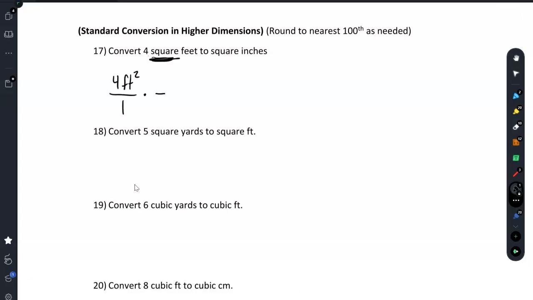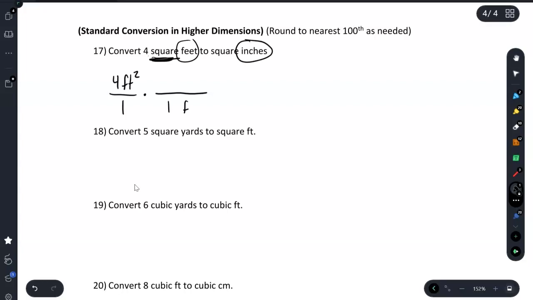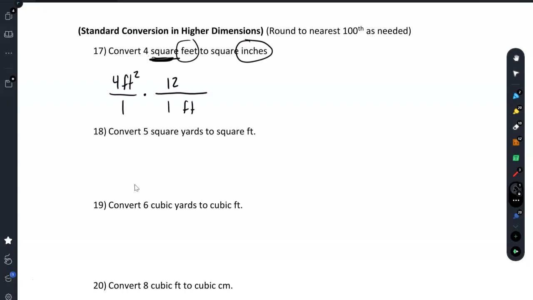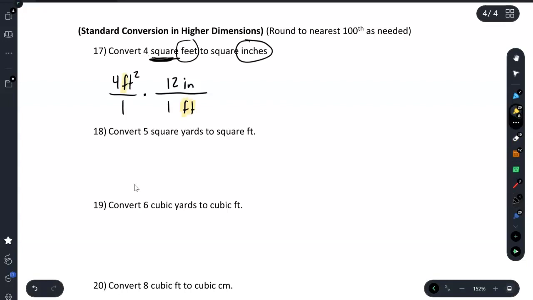And then I want to get rid of feet, but feet has to be squared. If I'm going from feet to inches, I knew that 1 foot is 12 inches, right? I knew that earlier, but here, feet can't cancel out feet squared completely, so I have to do something mathematically to get these to cancel out.